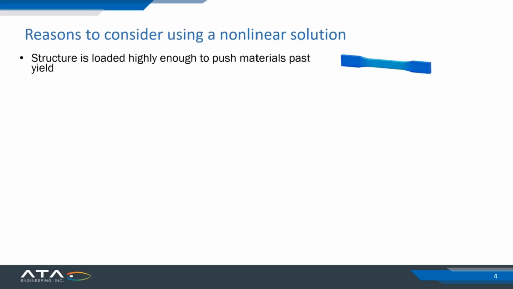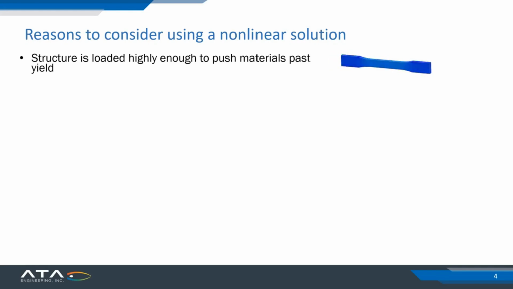So just talking about reasons that you might consider using a nonlinear solution, the first and one of the most obvious ones, and the one that we're going to do a demo of later on, is that if your structure is loaded highly enough that you have exceeded the yield threshold of your material, then you're getting into the nonlinear material behavior of that model.